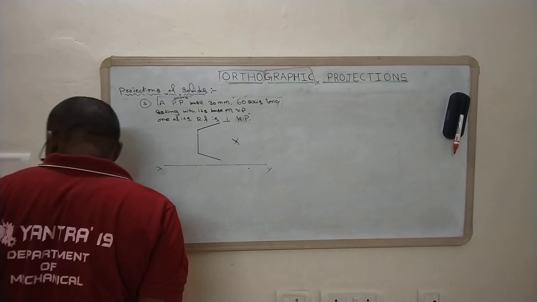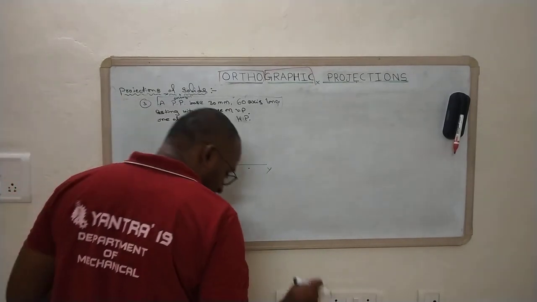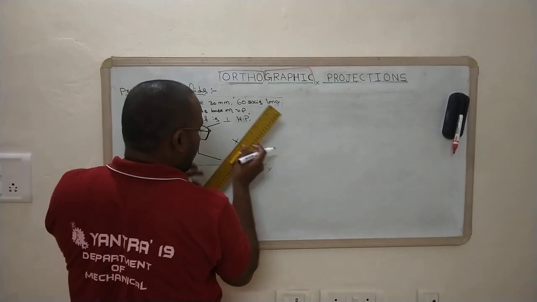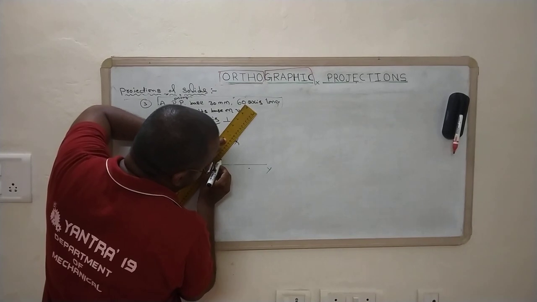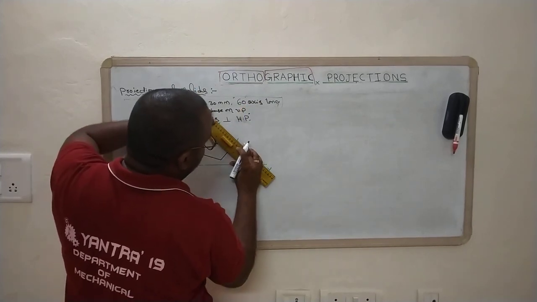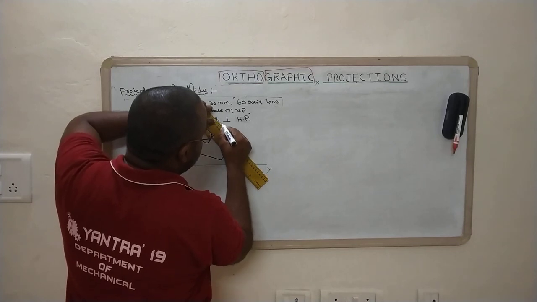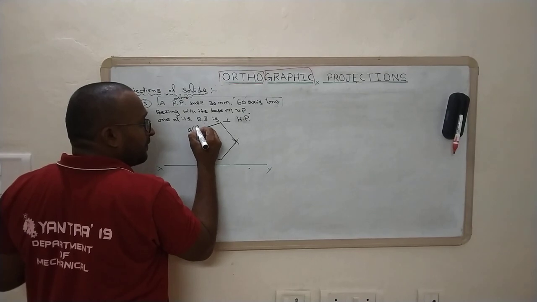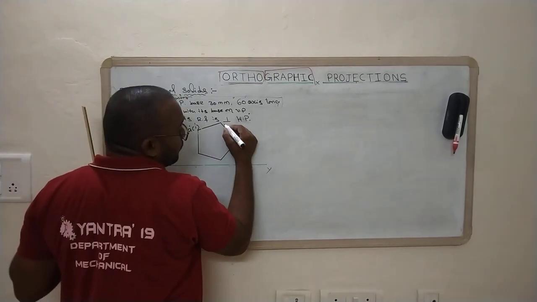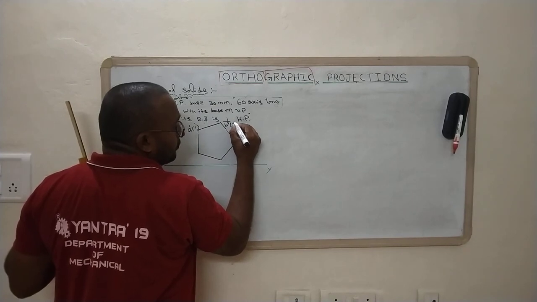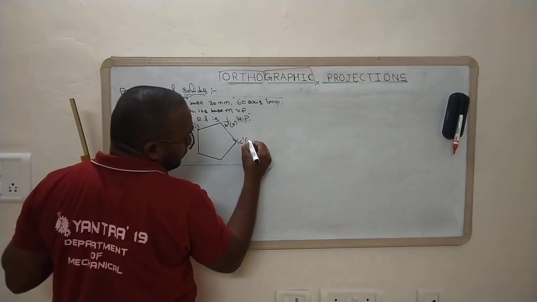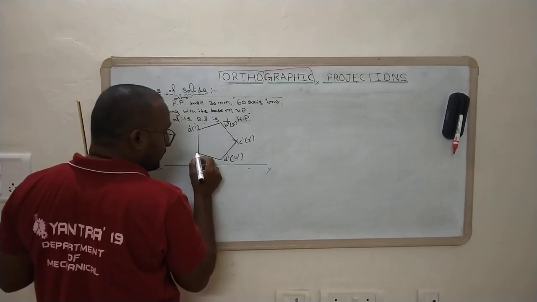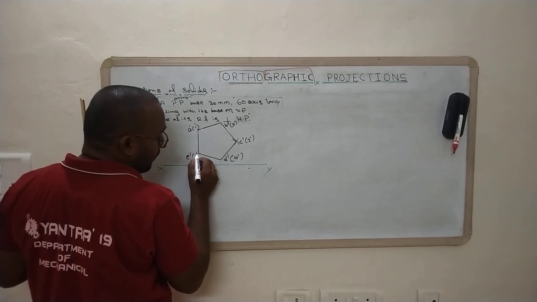Here this is the intersecting point. Now we need to combine it. Now here it is A dash 1 dash, B dash 2 dash, C dash 3 dash, D dash 4 dash, E dash 5 dash.